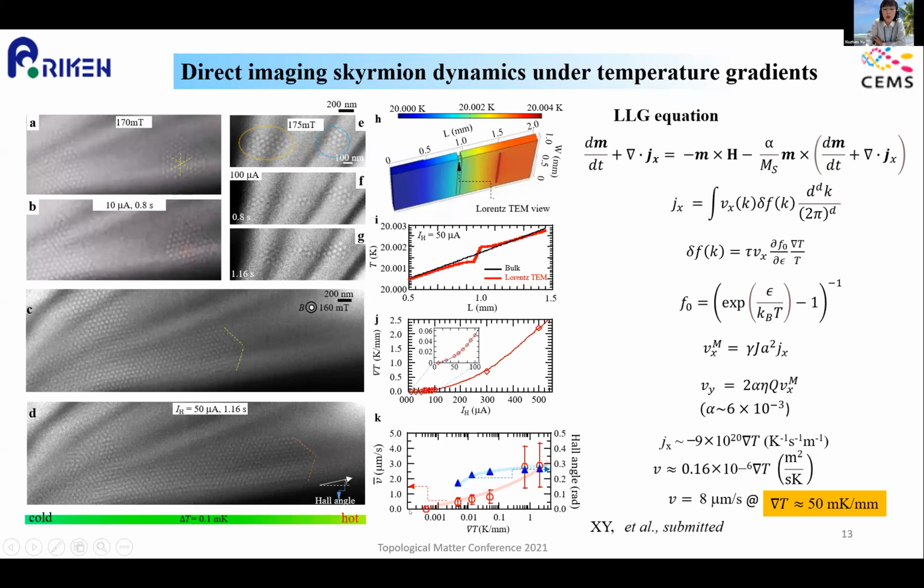You can clearly see both the velocity and the Hall angle of the skyrmion increase nonlinearly with increasing temperature gradient. Our experimental observation roughly agrees with our numerical simulations, and the velocity here is not so big because the temperature gradient is quite small.